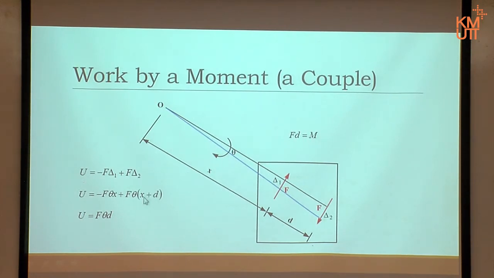Therefore, the total work will be equal to the moment times theta. Notice that this work done is positive because the moment rotation and the body rotation are in the same direction. If they go against one another, that work will also be negative.